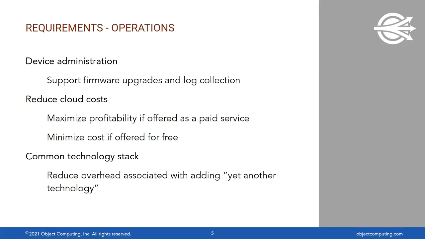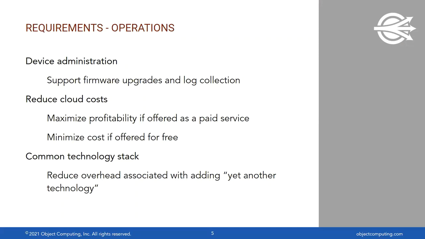So what about from the operations point of view, right? So our example company that's going to be producing and fielding these devices needs to operate and maintain the system. So we need to think about device administration, things like firmware upgrades and log collection. We need to be aware of cloud costs, right? Because, as we'll see, there's going to be some cloud components, and the way we choose to use the cloud will have a direct impact on our costs.